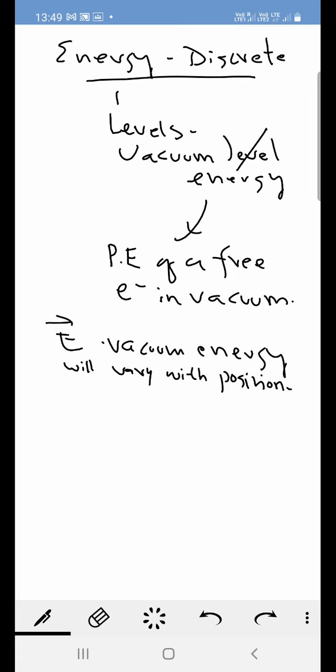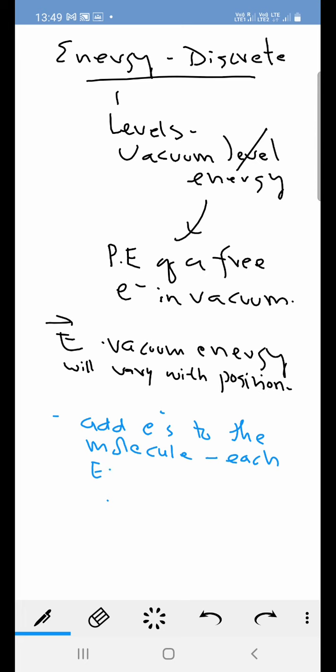In these conditions, what do we do next? We add electrons to the molecule, and each energy level takes 2 electrons, one of each spin, one up spin and one down spin.